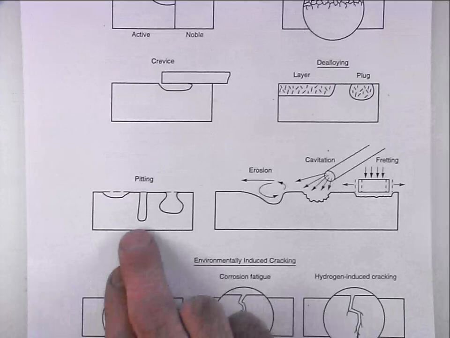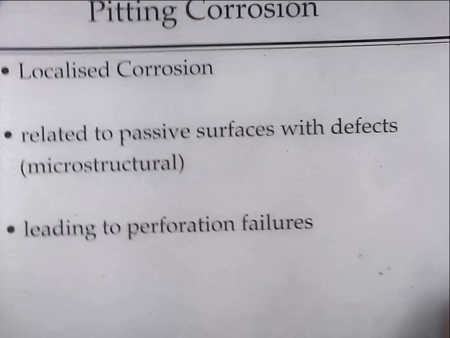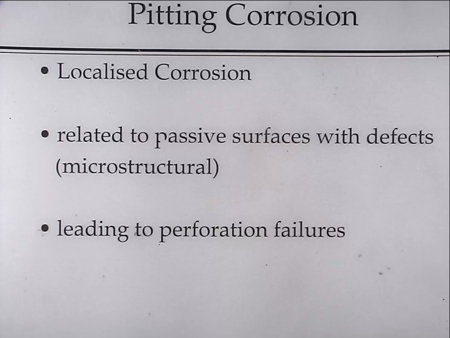It's quite often associated with passive surfaces, so stainless steels, for example, that have a chromium oxide coating. Then any failure of the coating will lead to localized attack and pitting, and what you get is perforation failures in the component.